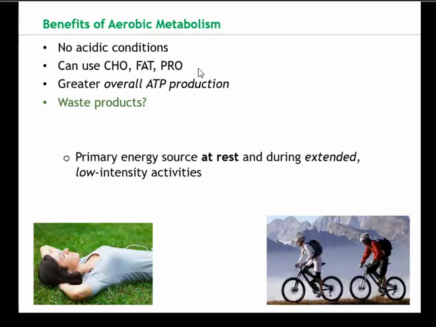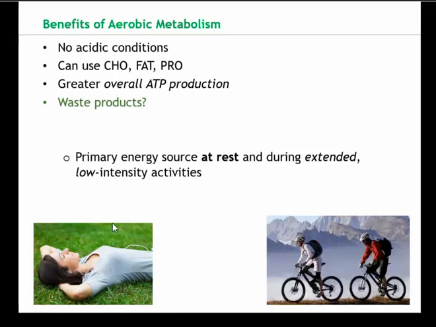This is also the primary energy source used at rest and during extended low intensity activities. Because of its high energy producing capacity and absence of an acidic condition, which is a performance limiting substance, there's an ample amount of oxygen for the body's tissues over time. So we have lots of oxygen.